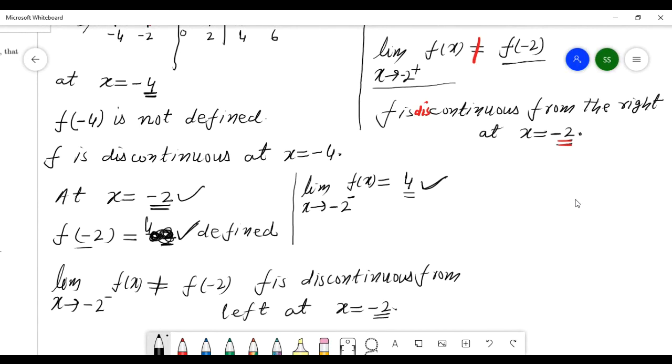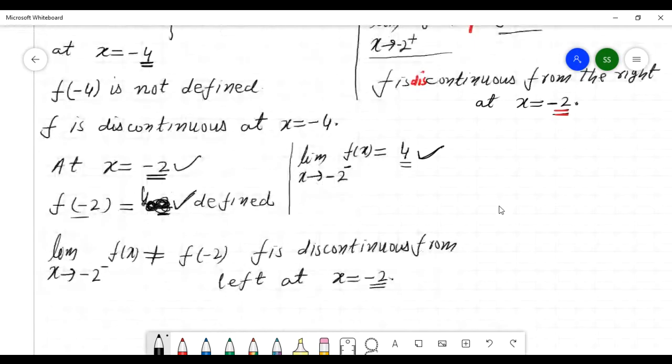This is 4, and this limit from the left is also 4.